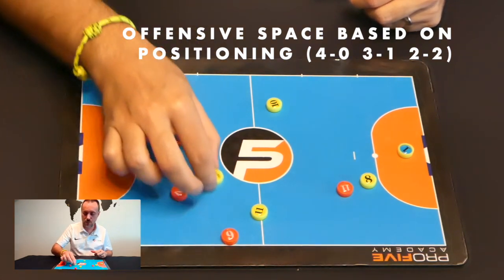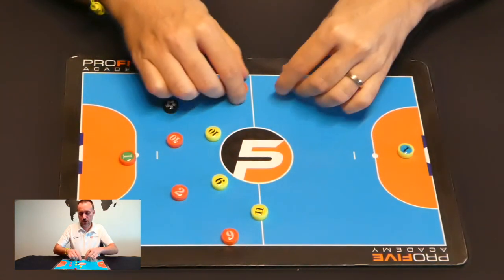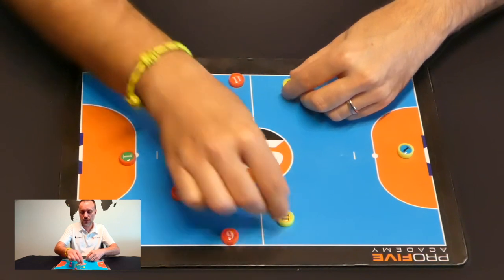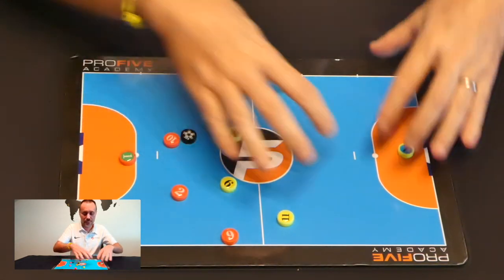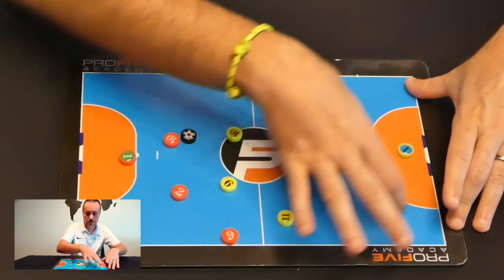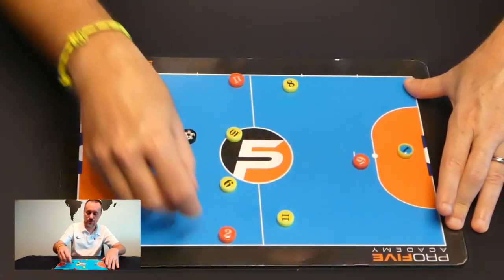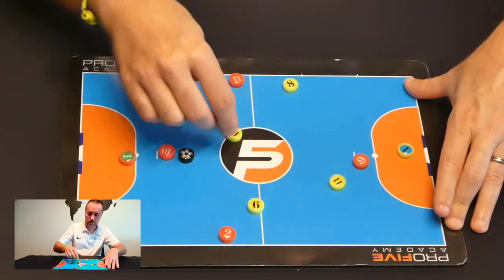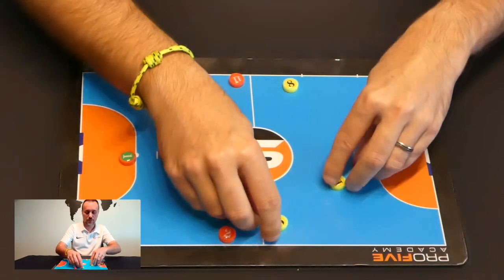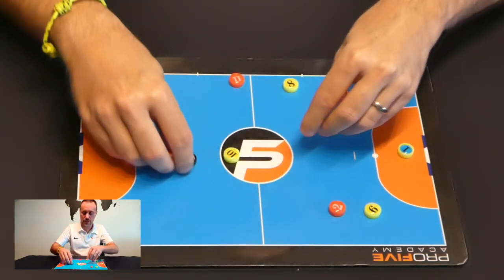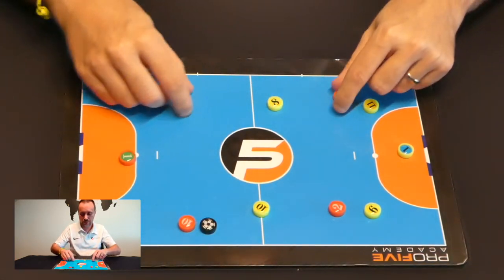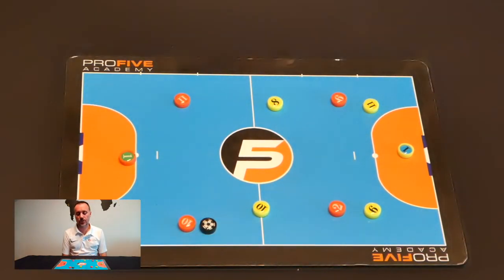Initial positioning, the 4-1 structure, we have this structure, and the defensive space behind the defensive line is completely different if we change to the 3-1 positioning, or also if we are using the 2-2 initial positioning.